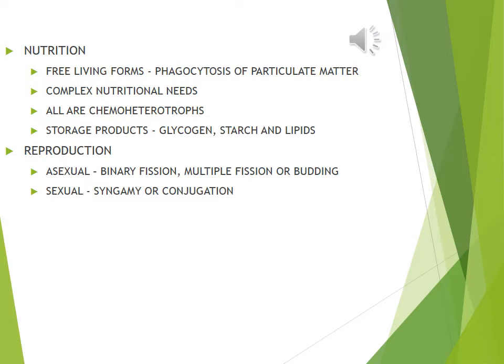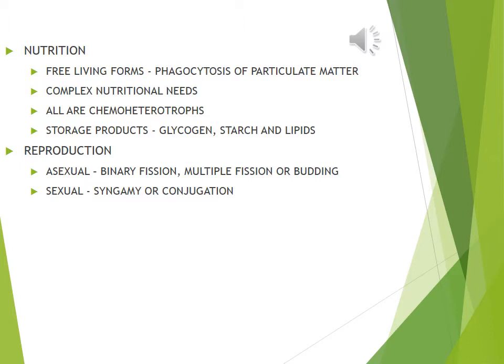In some forms of protozoa, pigments are present inside the cytoplasm. These pigments can be green, brown, purple or even rose colored.